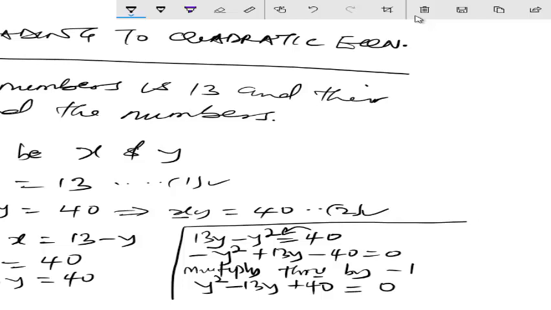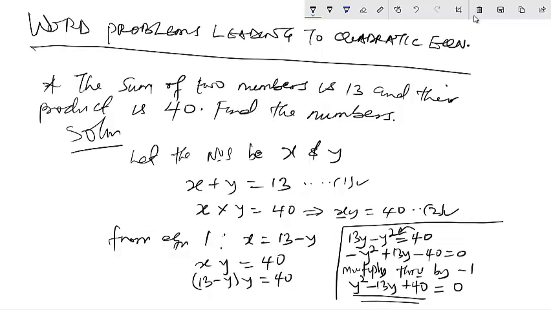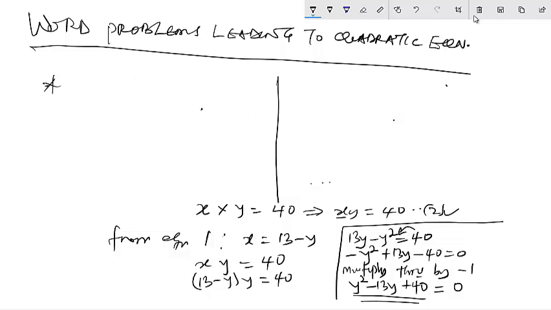Then this equation is what you will now solve quadratically to look for the value of y. So the quadratic equation we want to solve is y squared minus 13y plus 40 equals 0.